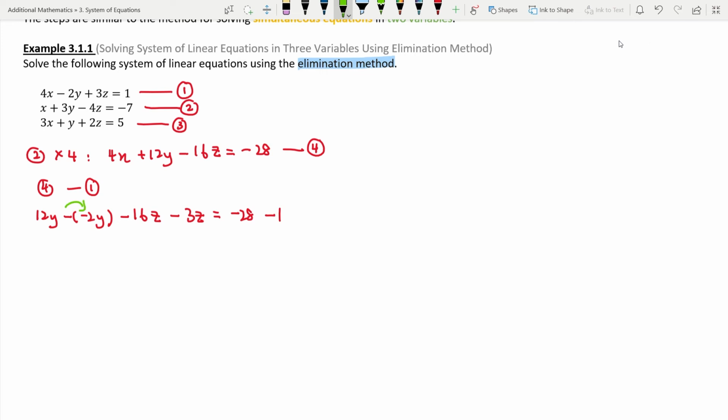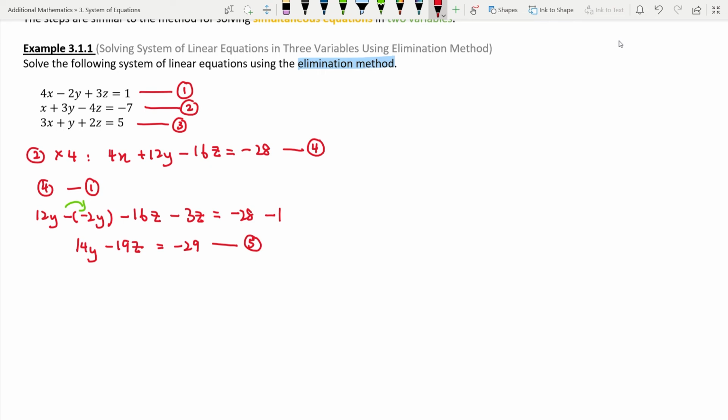We expand the bracket and simplify the equation at the same time. Negative and negative, we will get a positive. 12y plus 2y, we get 14y. Minus 16z minus 3z is minus 19z, is equal to negative 28 minus 1, negative 29. We let it be equation 5.